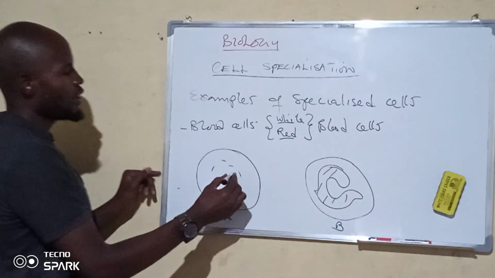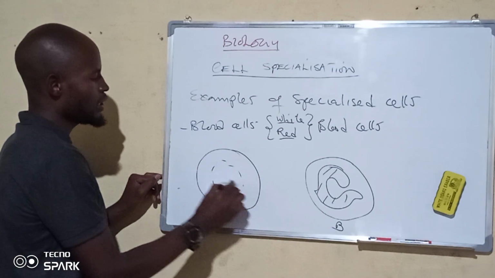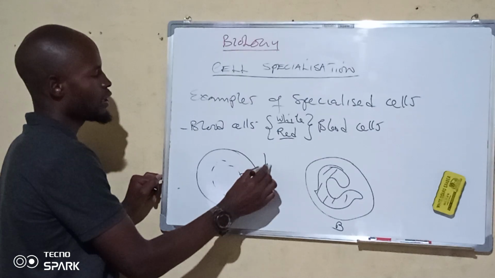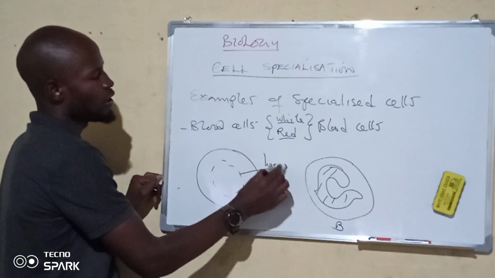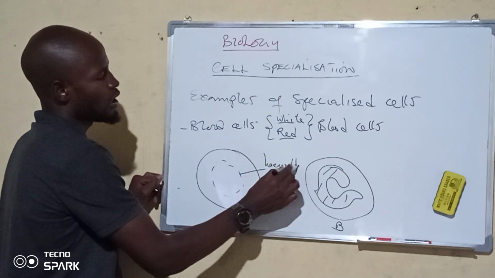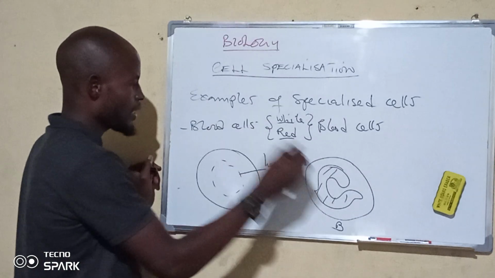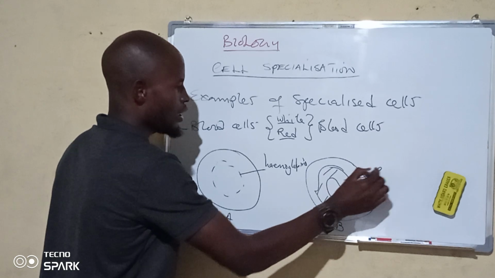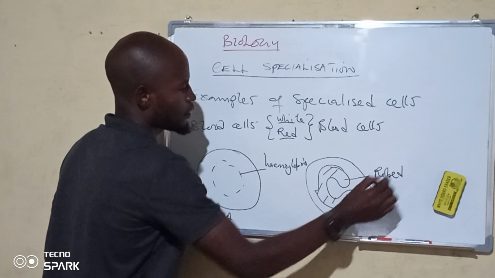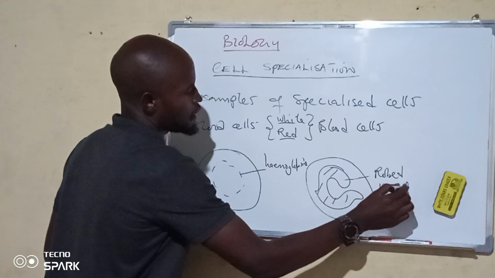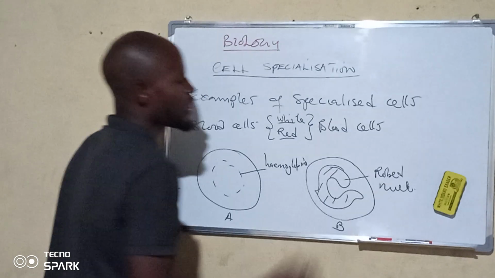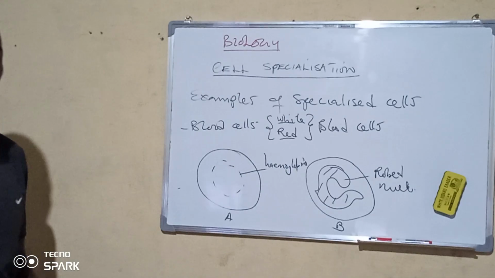This one has got these dots inside, which are hemoglobin. Then this one has got what you call the lobed nucleus.